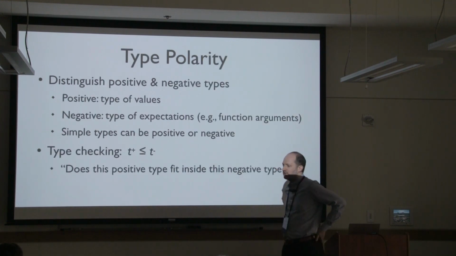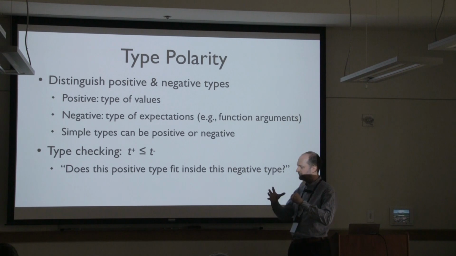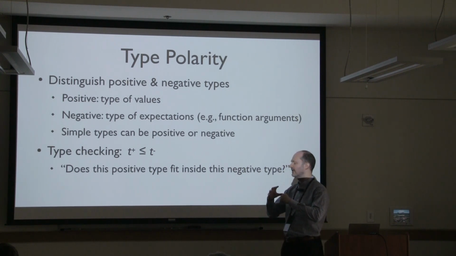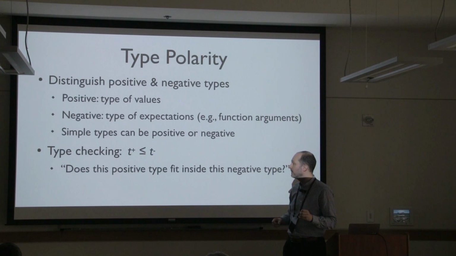Dolan typing distinguishes positive and negative types. If you're not familiar with that, positive types are the types of values, and negative types are the types of expectations of values, such as function arguments. Most types, such as integer and text and so forth, can be either positive or negative.